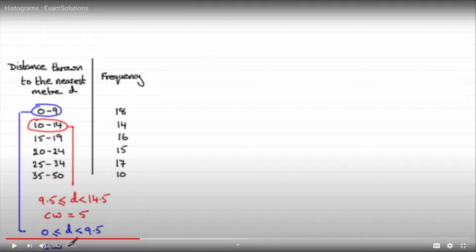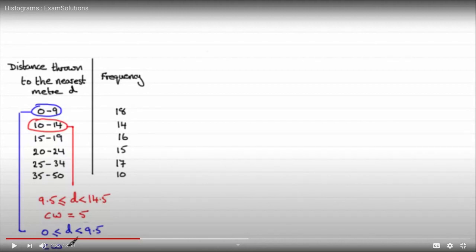No. Okay, Olga, why do you think it's separated by 0.5? Any idea? No. Okay. So in this example, it's distance thrown to the nearest meter.